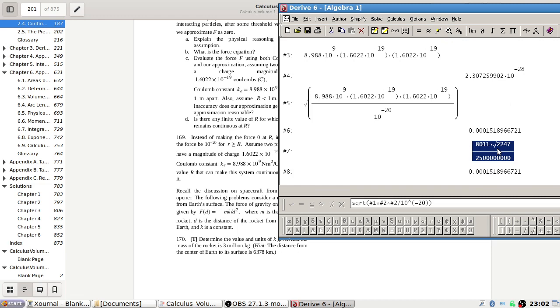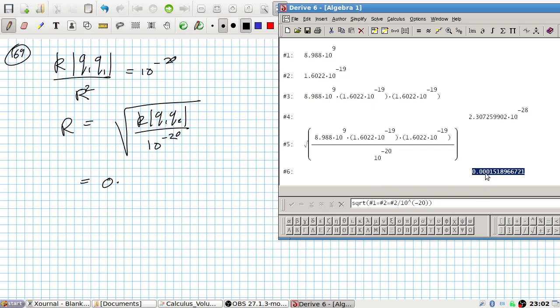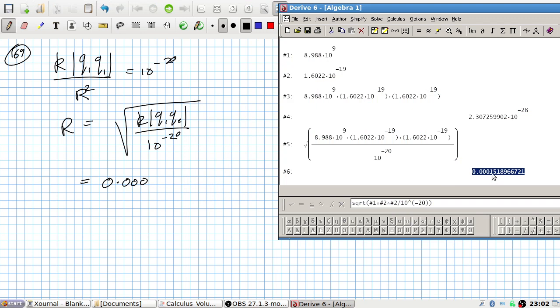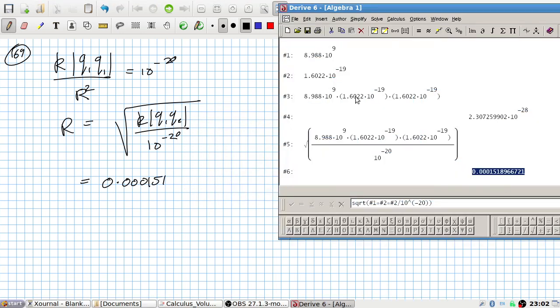Okay. So we could go with 0.000151. Well, I should go with the same number of significant figures, really. 1, 2, 3, 4, 5, but there's a root, so I'll go 6.